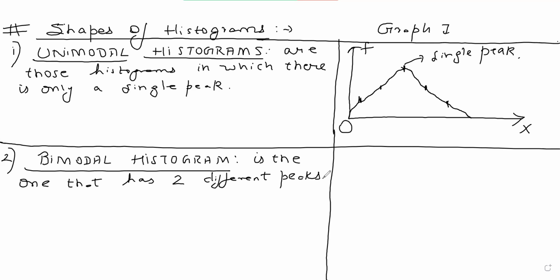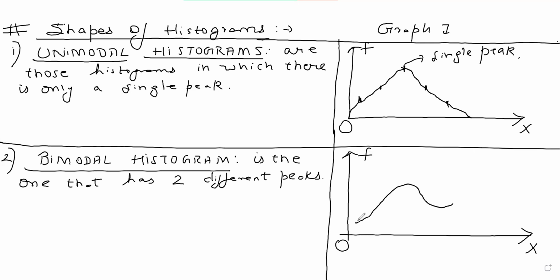For example, a picture like this: you have one peak and then another peak. I can put an arrow and write that it has two peaks. This is a bimodal histogram.